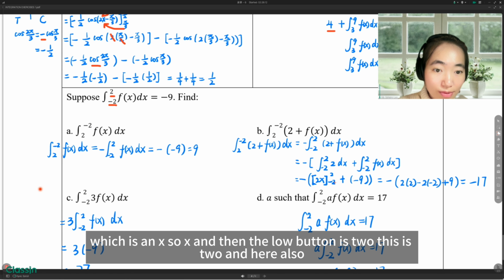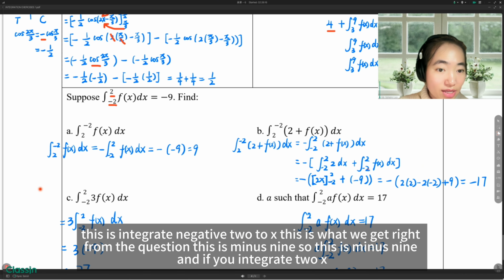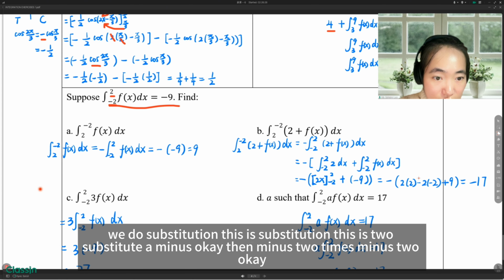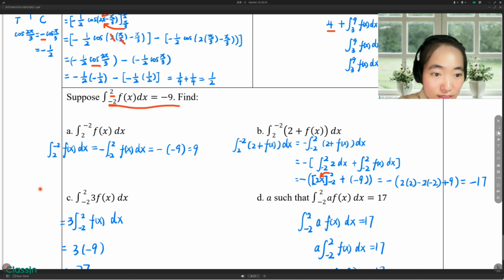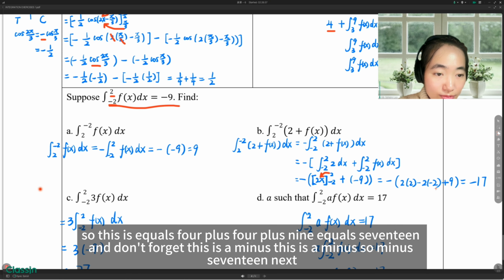So x, and then the lower bound minus 2, this is 2. And here also, this is the integral from -2 to 2 of f(x). This is what we get, right, from the question. This is -9. And if we integrate 2x, we do substitution. This is 2, substitute, and minus, look at that, -2 times -2, okay? So this equals 4 plus 4 plus 9 equals 17. And don't forget this is a minus. Here's a minus, so -17.